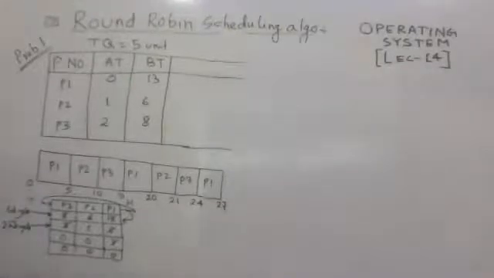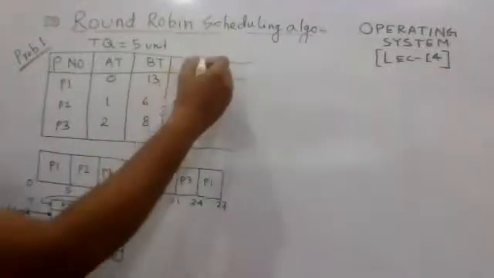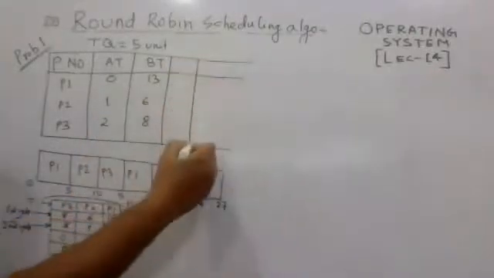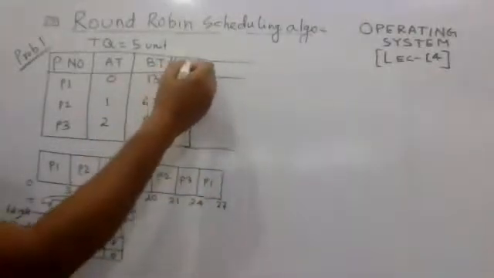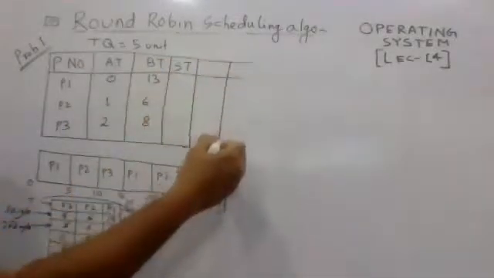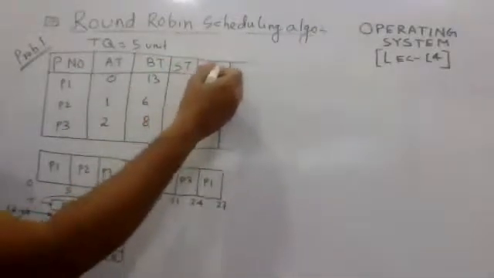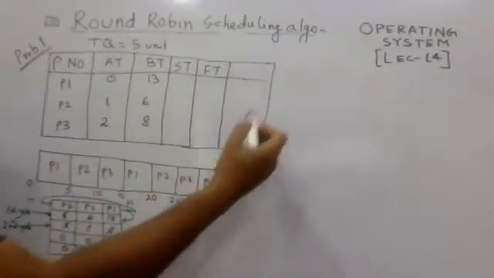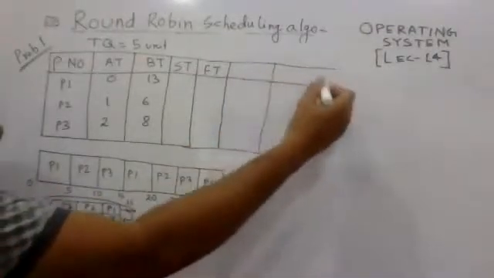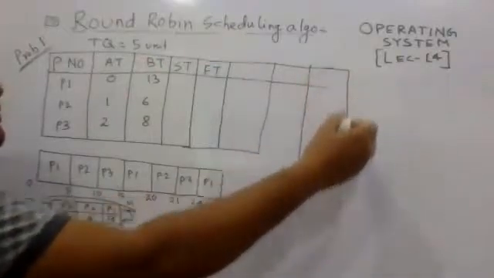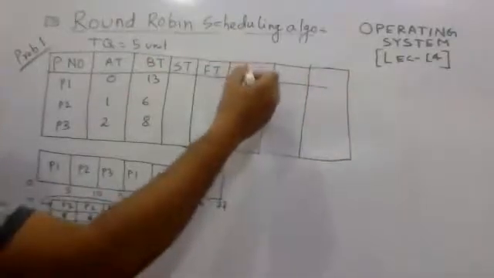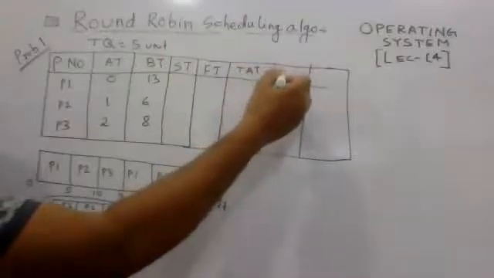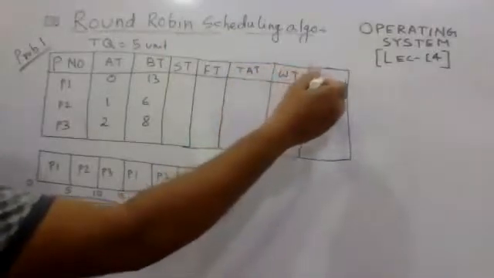Okay, so now using this schedule chart we can calculate different parameters. This is starting time, this is finished time, this is turnaround time, this is waiting time, this is response time.